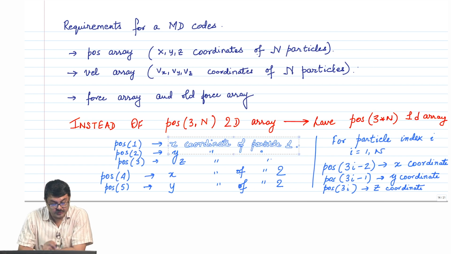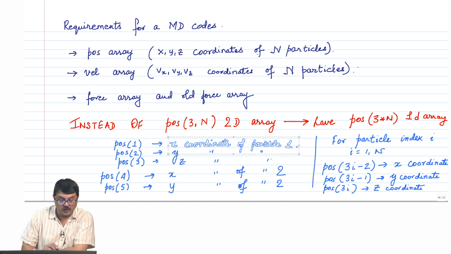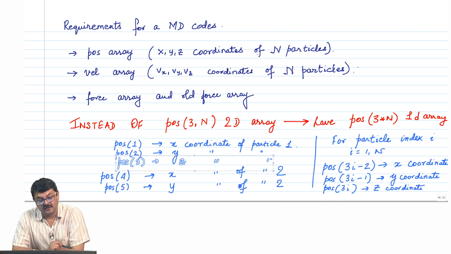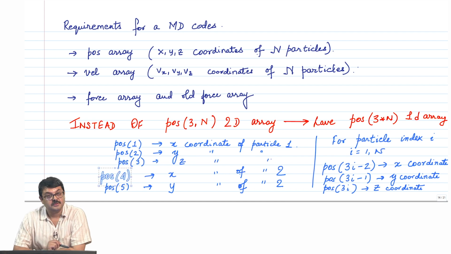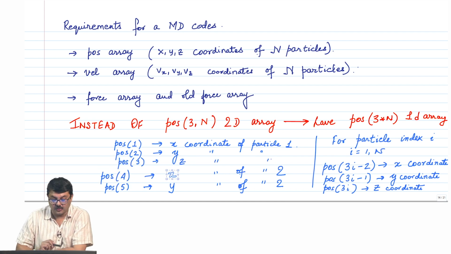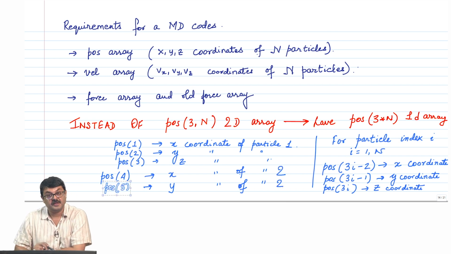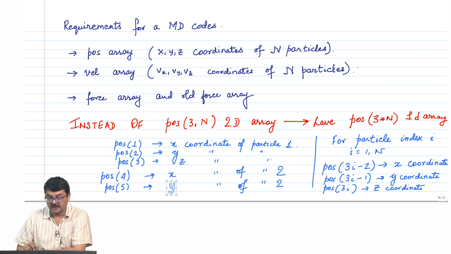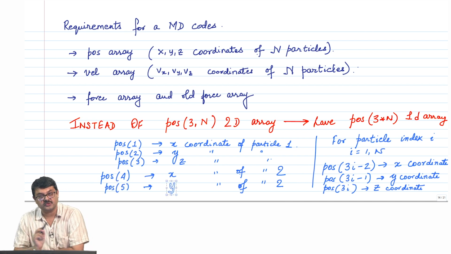POS 2 will store the y coordinate of particle 1, and POS 3 will store the z coordinate of particle 1. POS 4 will store the x coordinate of particle 2. POS 5 will store the y coordinate of particle 2, and so on and so forth.